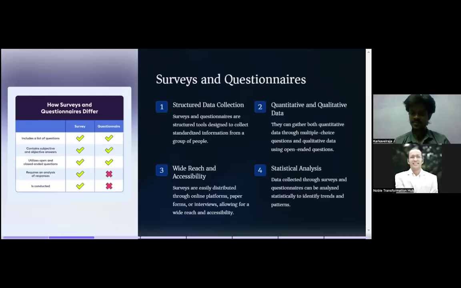Again, we have wide reach accessibility: surveys are easily distributed through online platforms, paper forms, and interviews, allowing other people to reach and access them. So you collect as much data as possible. Statistical analysis: data collected through surveys and questionnaires can be analyzed statistically to identify trends and patterns. So this is how you do surveys and questionnaires and different methods.